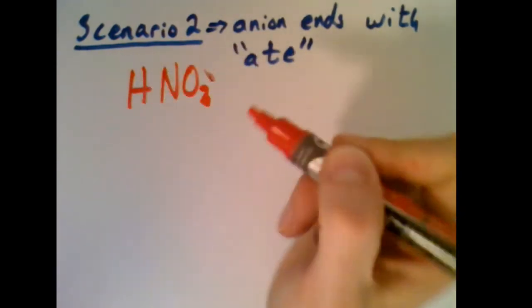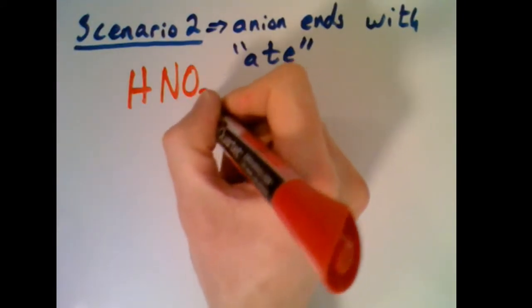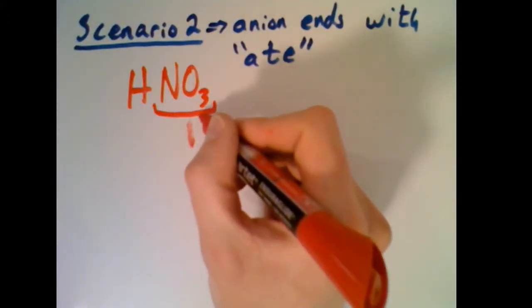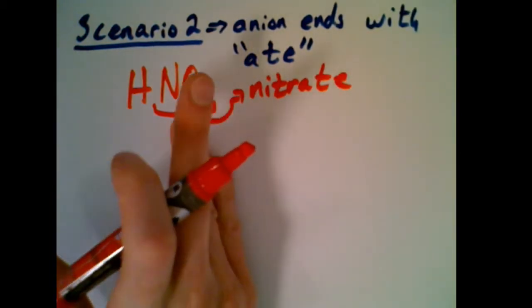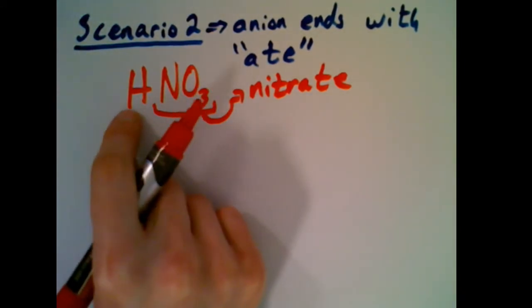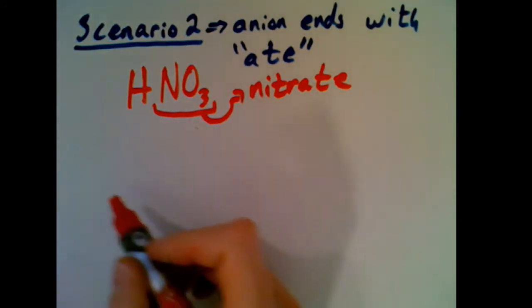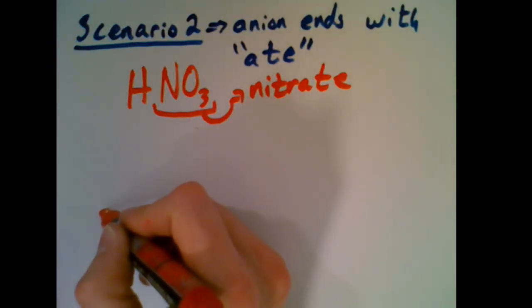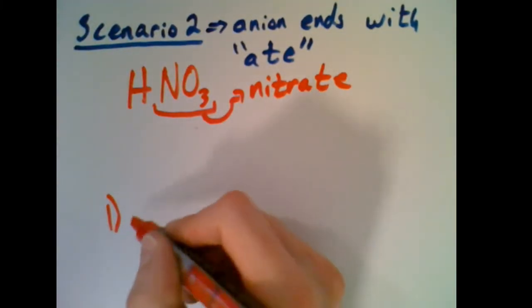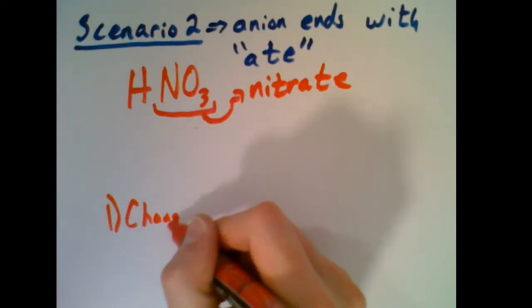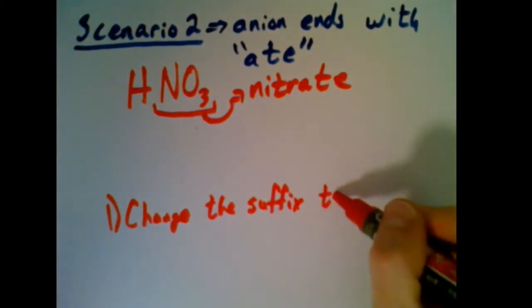so HNO3. Because it's an acid, it has to have that H in front, and NO3, if we take a look, is called nitrate. And so we get that ATE ending. We also know this is an acid again because it has that H in the front. So here's what we are going to do when it comes to naming this acid. Whenever you notice that it has ATE at the end of the name, you're going to change the suffix to ic.